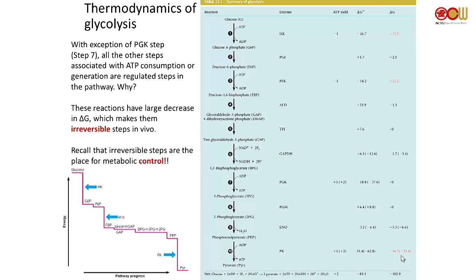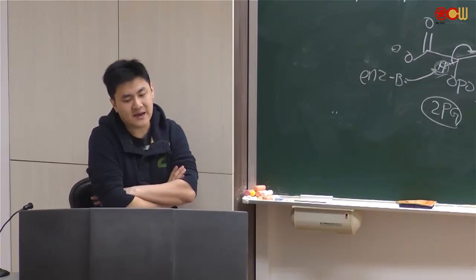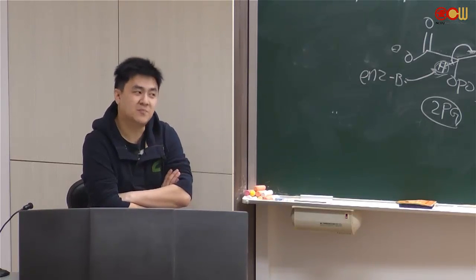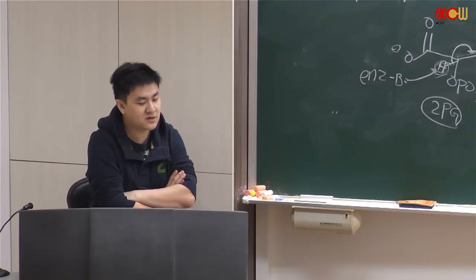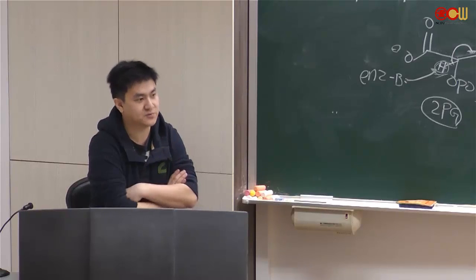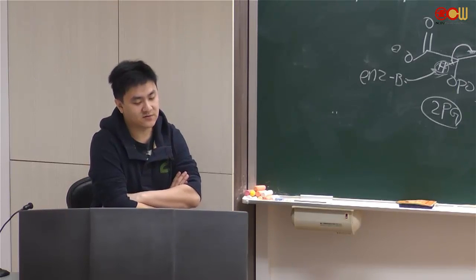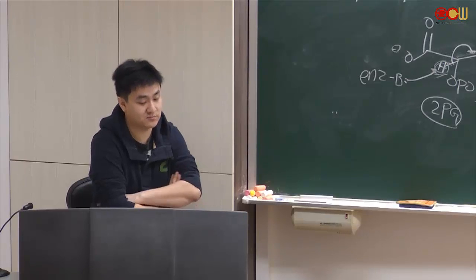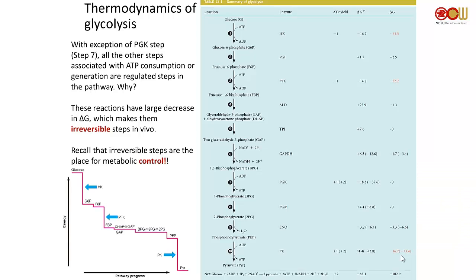These irreversible steps are called irreversible because they have a large decrease in delta G. Typically, if you see -20 something or above -15, it's pretty much irreversible given normal cellular concentrations, but there are some exceptions. Now, recall that irreversible steps are places for metabolic control. On the left side, you notice one large change, another large change, and then a third large change. These are the steps that we're going to regulate glycolysis.